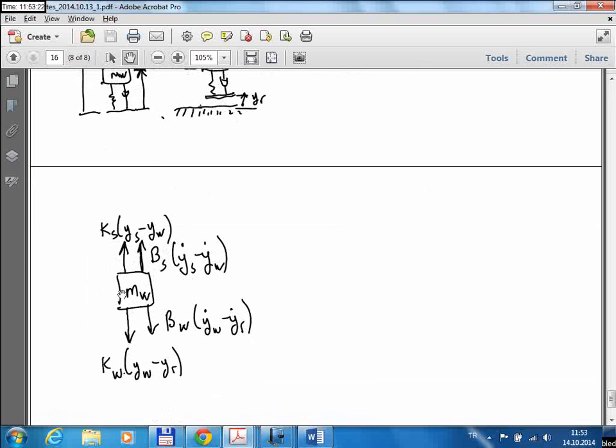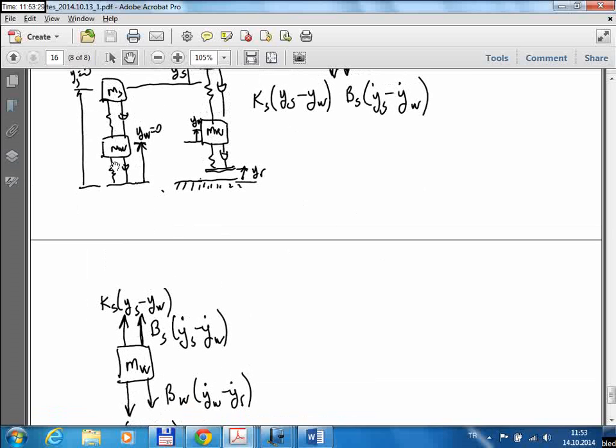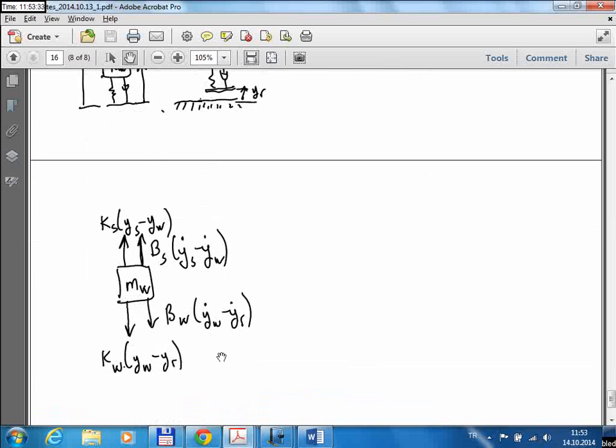For the wheel mass, there are four forces. Two forces are coming from the spring and damper above the wheel, and the other two forces are coming from the spring and damper connected here, and they have these expressions. Okay, so now I have written all the forces acting on all the masses. So from that point on, I can just write the differential equations directly.